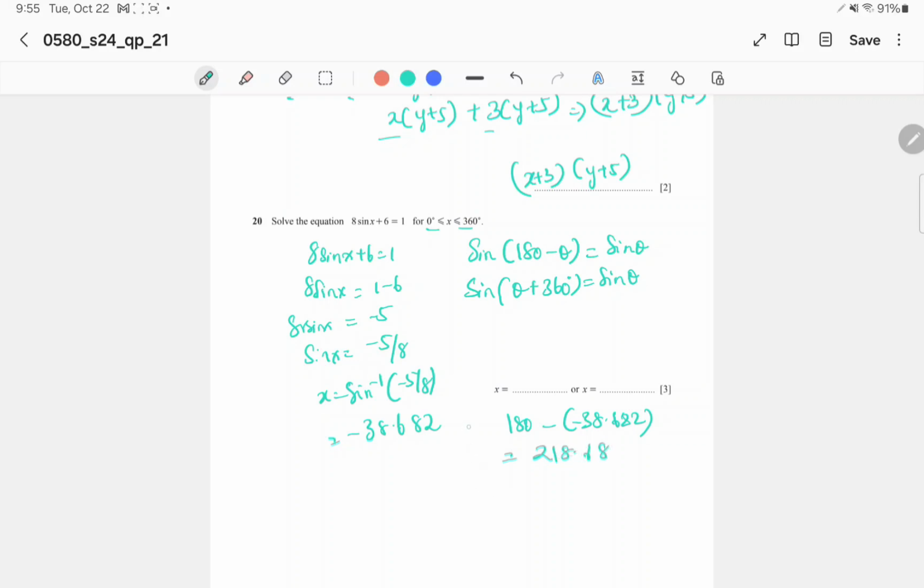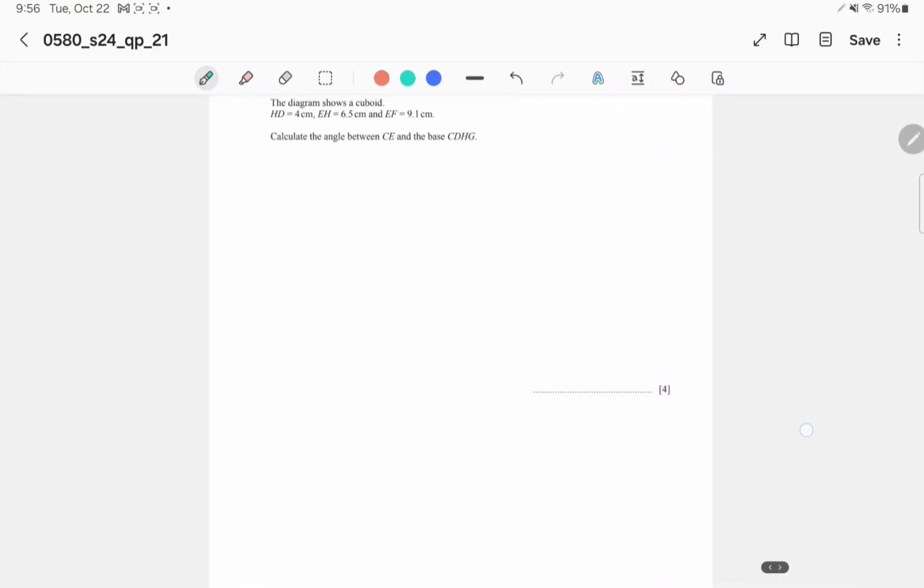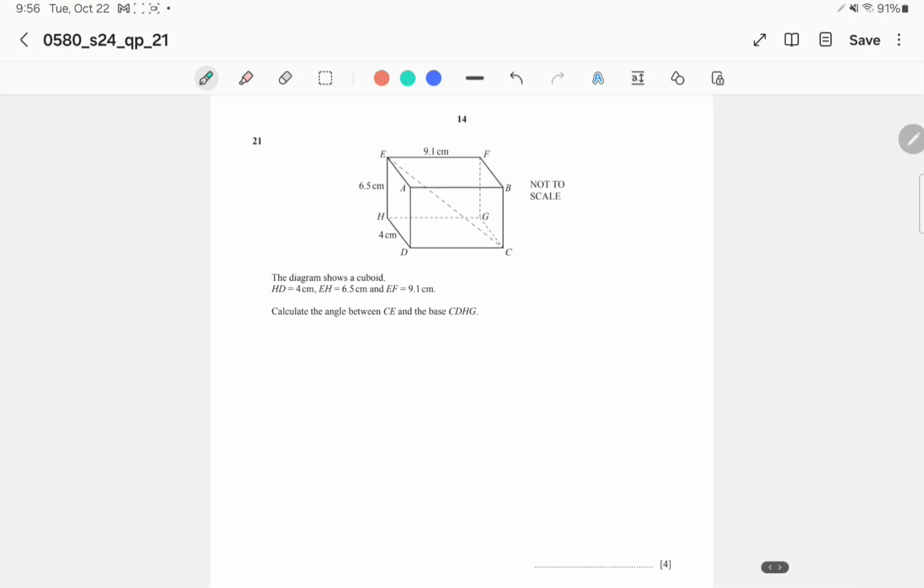Another thing, the second x is 360 plus of minus 38.682, you will get 321.31. So both the answers are 218.68 and 321.31. Next question, 21st question.